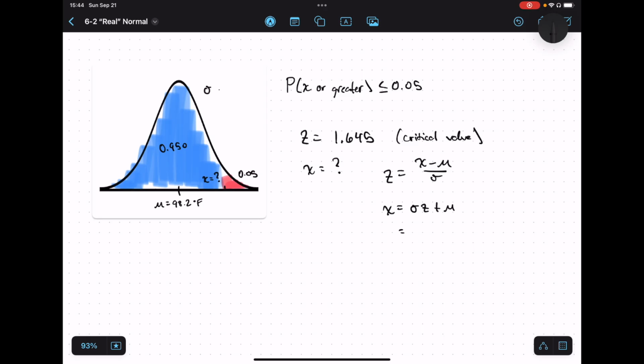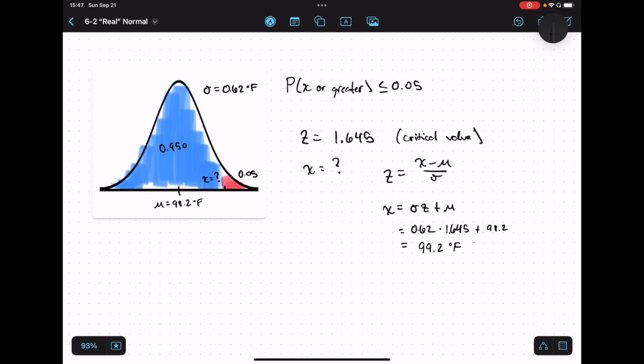Plugging in our value from before, where the standard deviation is 0.62 degrees Fahrenheit, times our z-score, that critical value of 1.645, plus that mu, population mean, 98.2. Again, leaving off units just for convenience in this video, gives us 99.21299, rounding to 99.2 degrees Fahrenheit.